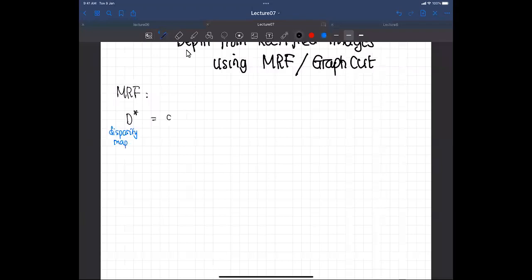T equals argmin over all possible combinations of the map T, of the sum over x. x is the pixel location that you want to compute the depth for. And you have the data term of T(x), x bar, I, I prime.